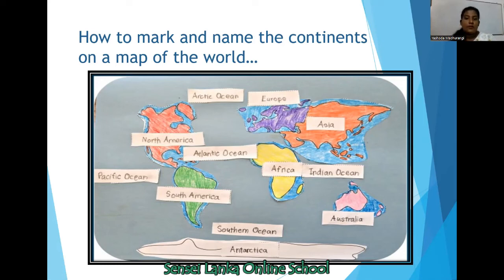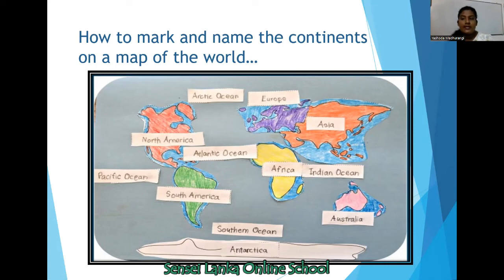So on my screen, you can see another activity. You can take some papers and draw each continent. You can draw the continents separately. Then you can color them. After that, you can take a piece of cardboard or hardboard or any other flat surface.